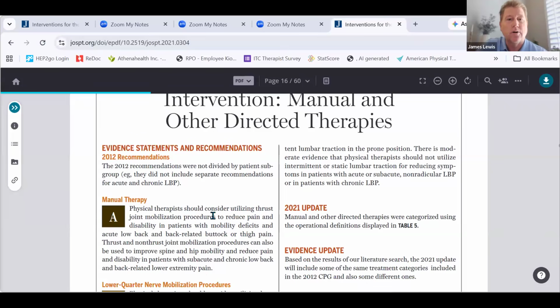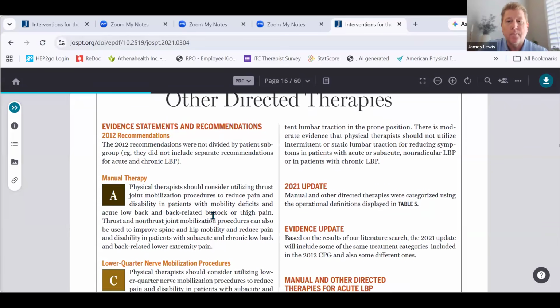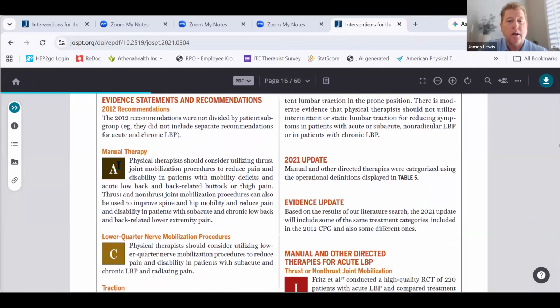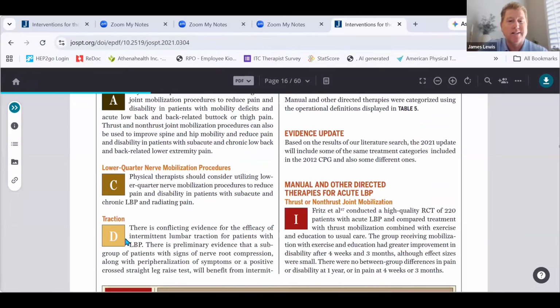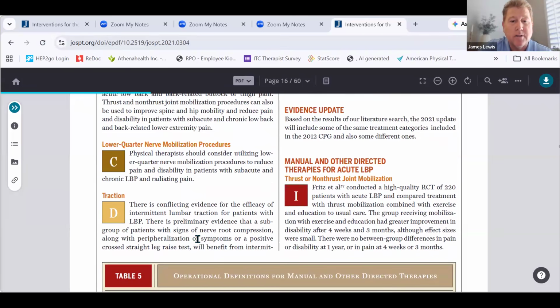And now you're going to go through and look at overall recommendations. Manual therapy gets an A, nerve mobilization gets a C, traction gets a D, saying that there's preliminary evidence, but that the benefit is intermittent at best.